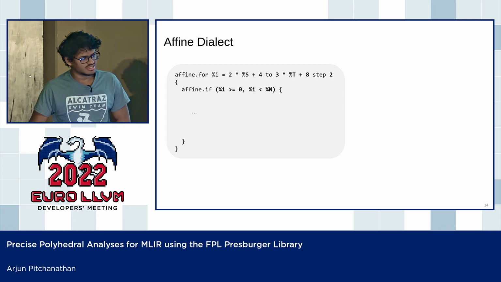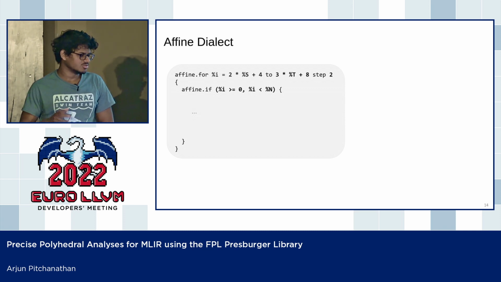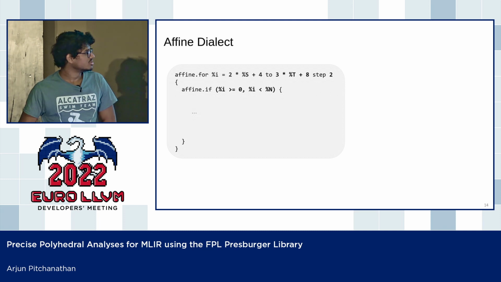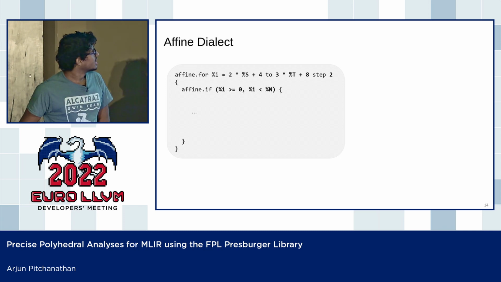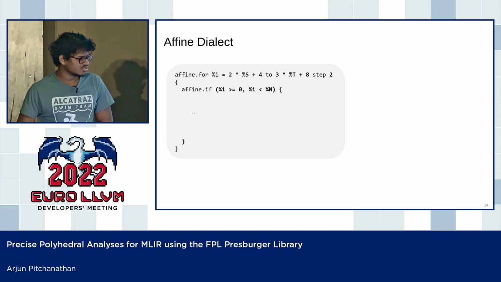And here s and t are symbols that are outside of this loop. And you can also have a step 2, which means you have a stride of 2 in the loop, so i plus equal to 2. And you also have an if condition. Here the condition has to be an and of some linear constraints, like we saw in the polyhedron: i greater or equal to 0, i less than n. These need to be linear constraints.